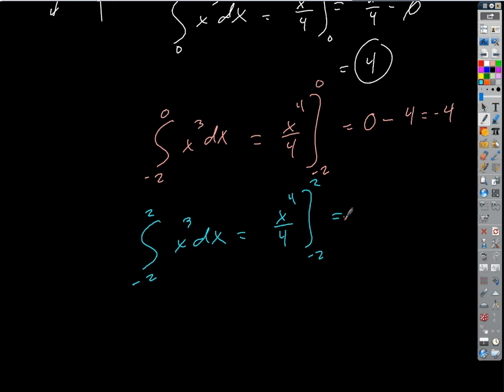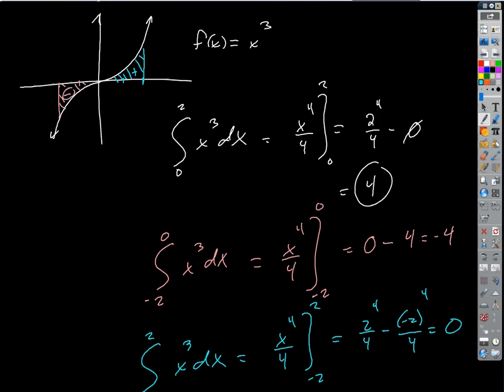Well, that's going to be 2 to the 4th over 4 minus -2 to the 4th over 4, which is 0. Right? Everybody agree?